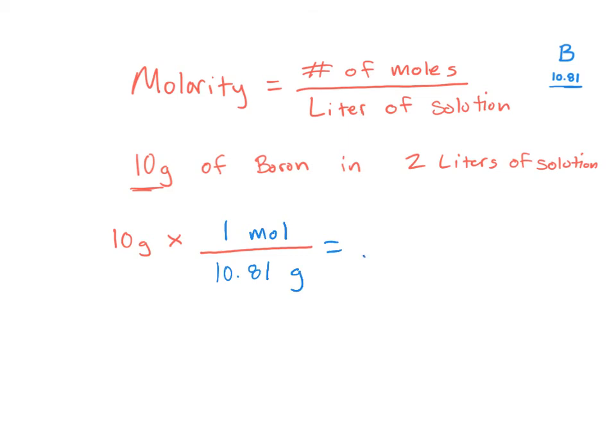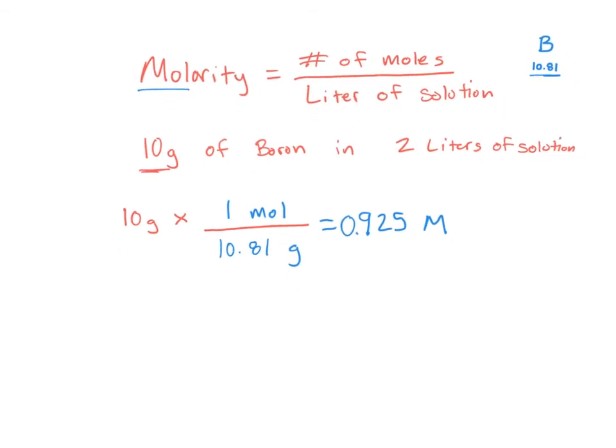And we're going to get something close to 1, which is 0.925. And then the symbol for molarity is a capital M. And we would say that this solution is 0.925 molar.